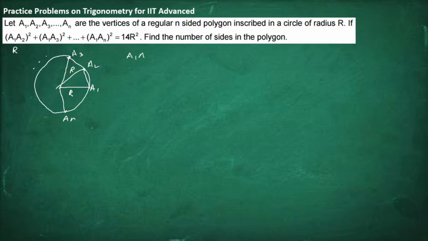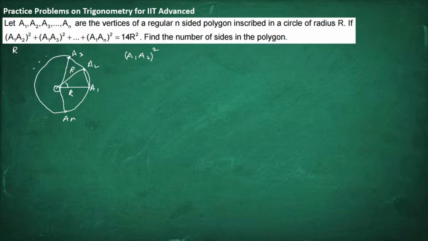Now A1A2 means the distance between the vertices A1 and A2. A1A2 whole square we have to find out. Now think about it. At the center, can you tell me what will be this angle?